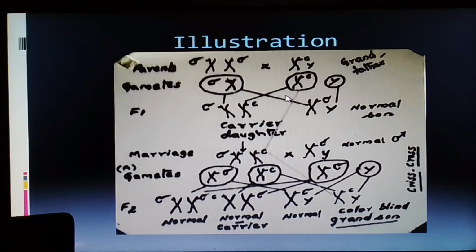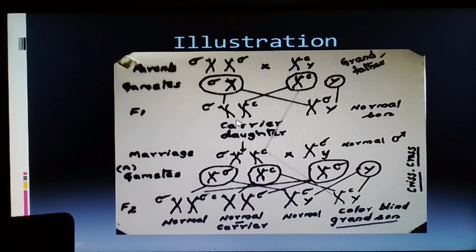Now when there occurs the union of the gametes between this female gamete and the male gamete, one female is formed in the F1 generation. In the next generation you assume a male individual and a female individual are produced, the F1 individuals.